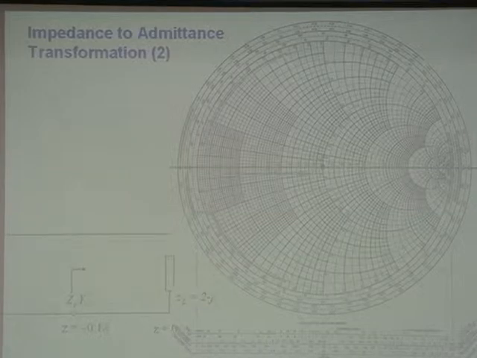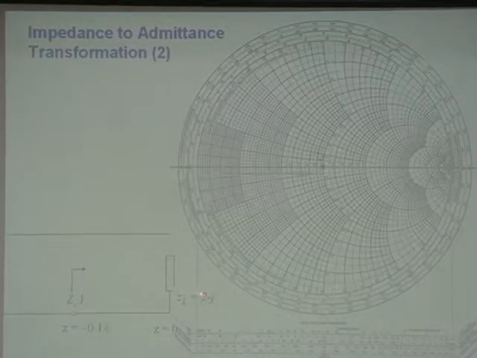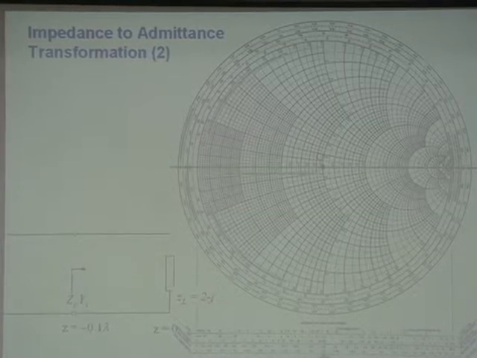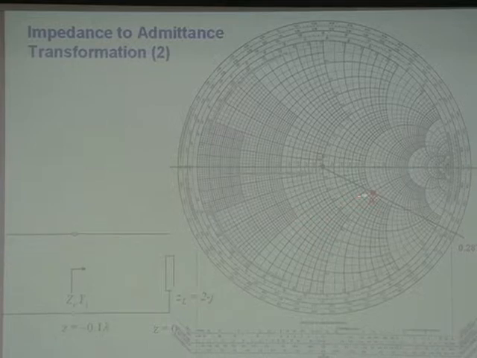So first, we identify this point. Okay, on Smith chart, the RL is equal to 2 and XL is equal to -1. So we look for this point on the Smith chart. And it turns out that the point is right here.